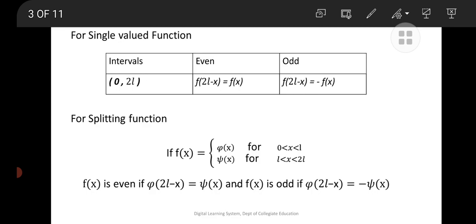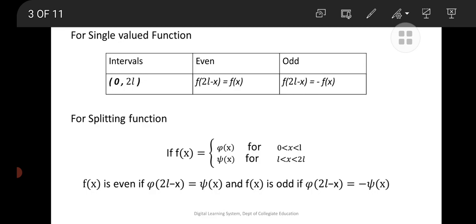The splitting of the function: if f of x is equal to psi of x for the interval 0 less than x less than L, and psi of x for the interval 0 less than x less than 2L.